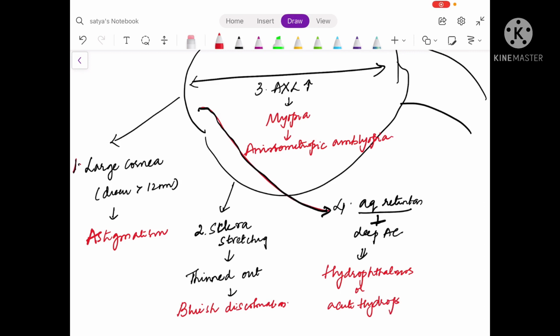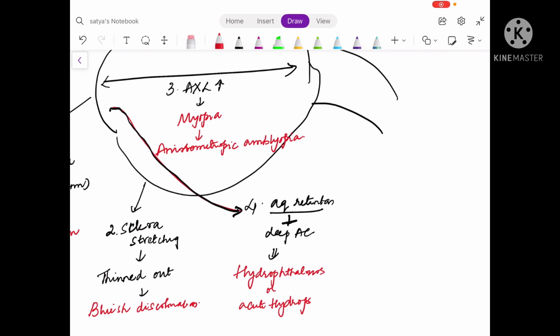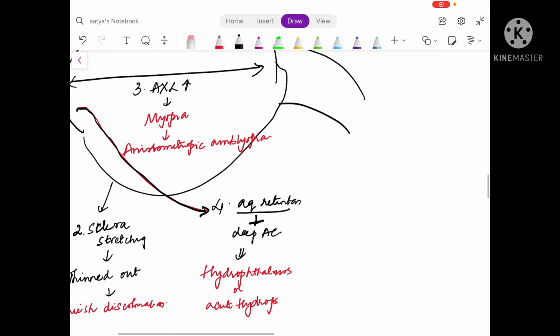And then you can also see findings like iridodonesis, and iris atrophic patches in late stages because of the constant rise in IOP, because there is a lot of pressure being accumulated.